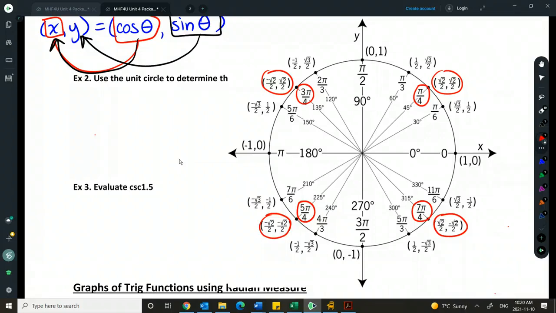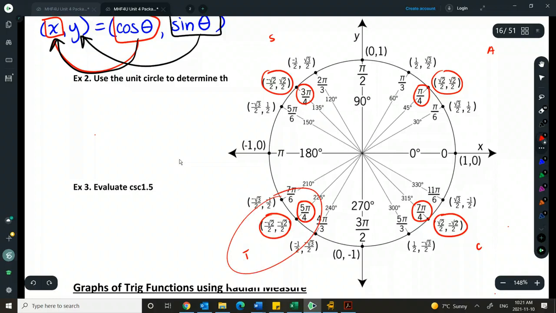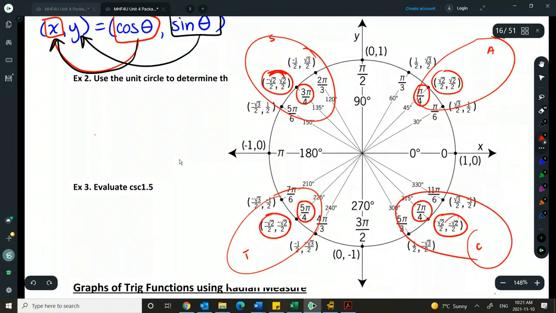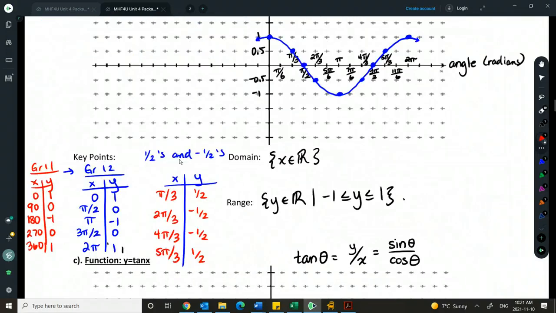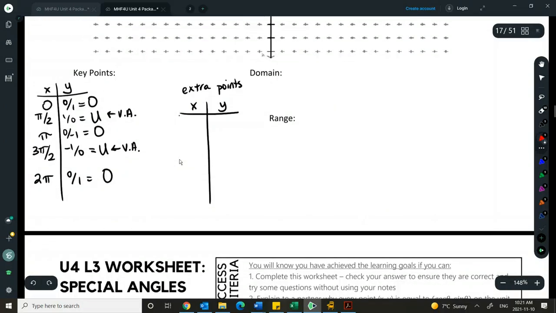So remember with the CAST rule, tan will be positive here. I'll have positive 1 here, positive 1 here, negative 1 here, because we do a positive divided by a negative, and a negative 1 here, because again, we do a negative divided by a positive. All right, so those are the 4 values that we're going to use for our graph of tan. So let's just draw those out in our table of values here.